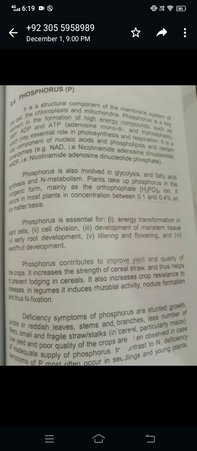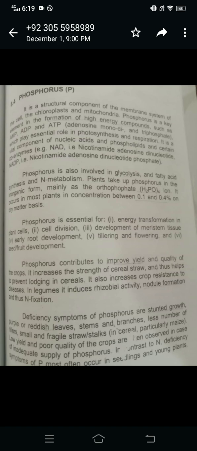It is a vital component of nucleic acids, phospholipids, and certain coenzymes, nicotinamide adenine dinucleotide and nicotinamide adenine dinucleotide phosphate. Phosphate is also involved in glycolysis and fatty acid synthesis and metabolism.